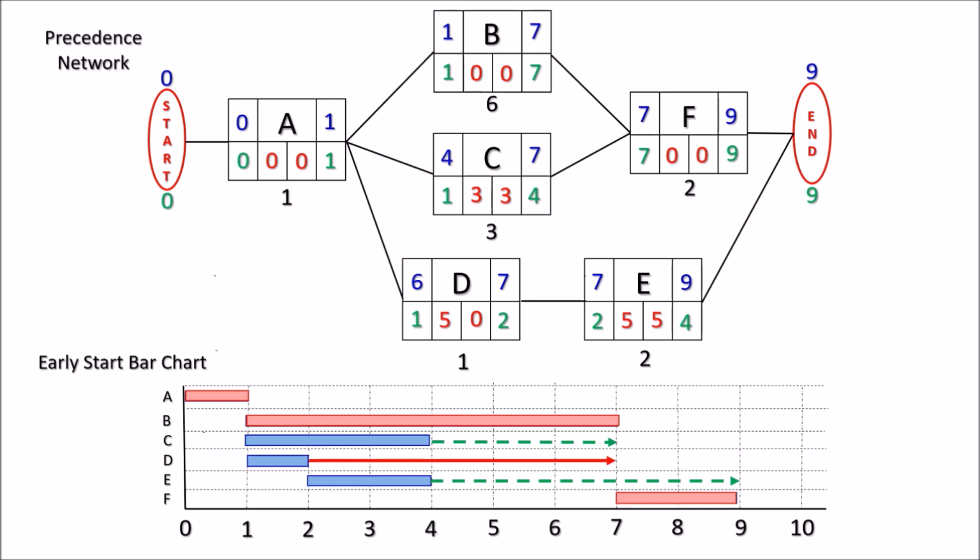None of this would we have if we did not have the sequence and the network. So in conclusion, the timing is the result of the network with the durations on the activities.